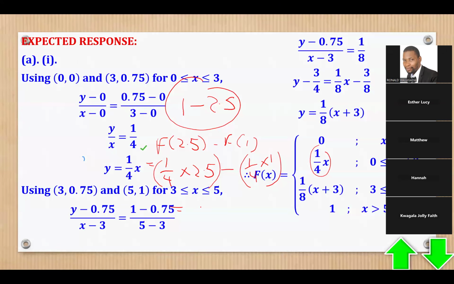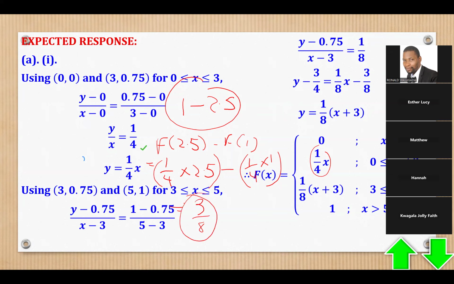A quarter times 2.5 minus a quarter. It will be 3/8. So if you take the question I gave you in the PDF, this should be your answer.